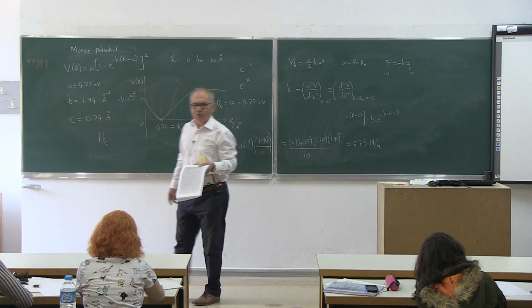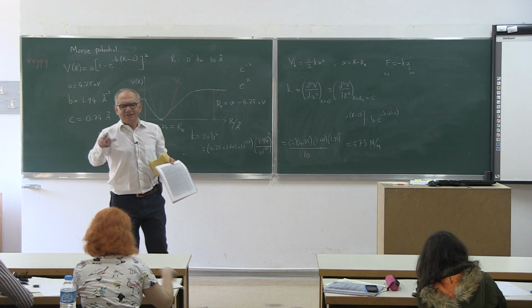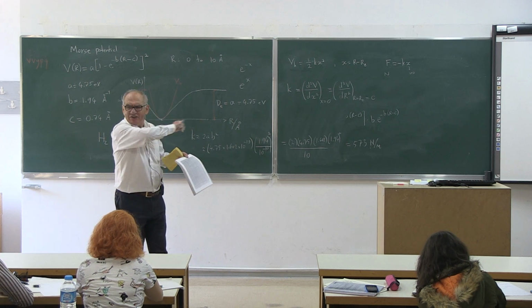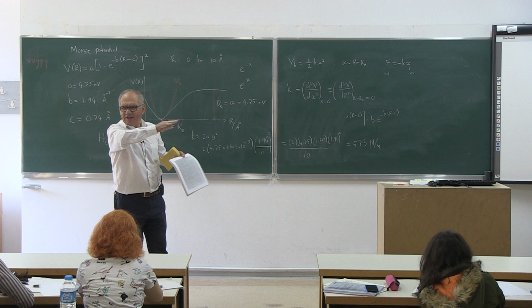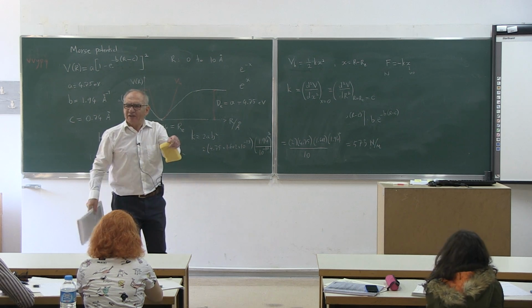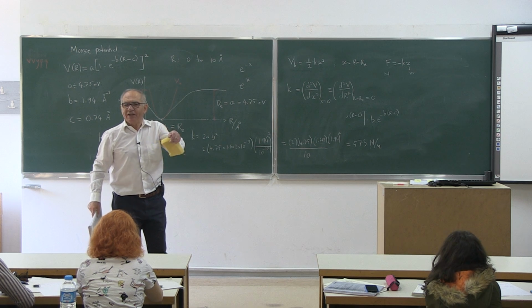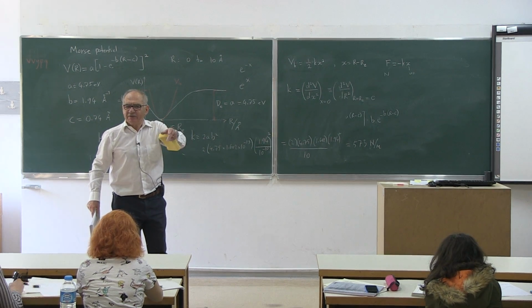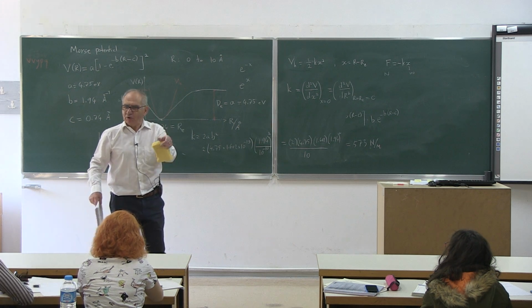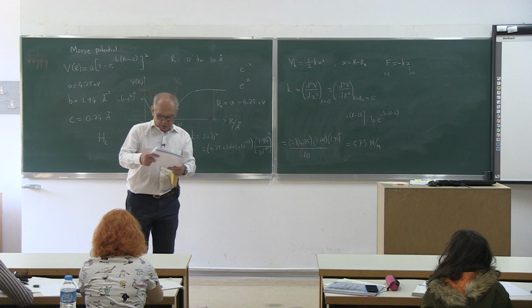Force constants in Newton per meter are about this range, 400, 500. In other words, they are not very small. They are not like 0 point something, or like 10. They are hundreds, several hundred, depending on which molecule you are talking about.